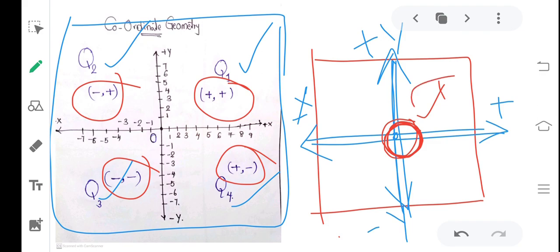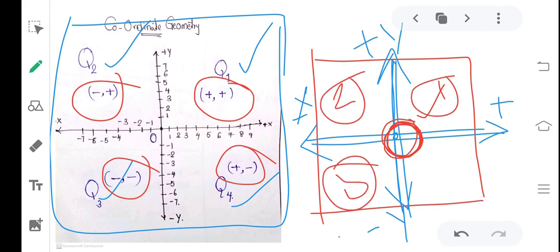Each and every part is called a quadrant: quadrant 1, quadrant 2, quadrant 3, quadrant 4. This is the way we divided the quadrants.